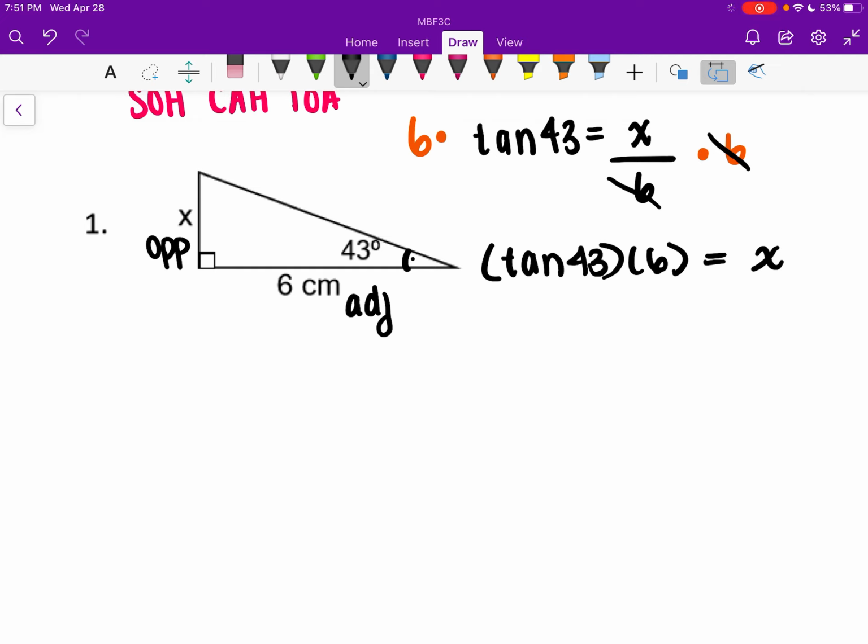I'm going to leave that answer in my calculator as I move on and multiply it by 6, right? So I'm left with 5.595, and it says to the nearest one decimal place, so I'm going to round that to 5.6 is equal to x. I am given units here, so I'm going to write those in. So it's 5.6 centimeters is equal to x.